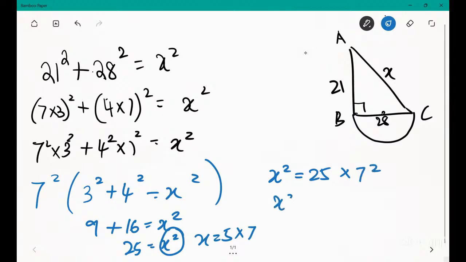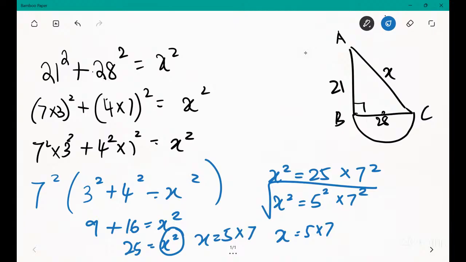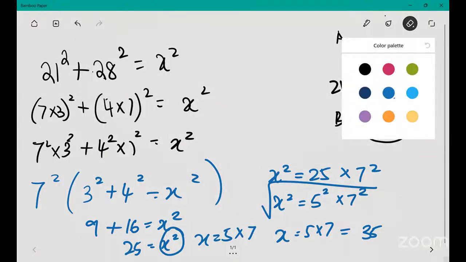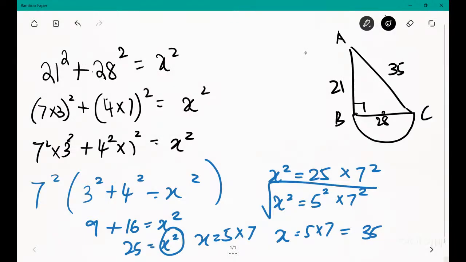So x squared is equal to 5 squared into 7 squared. Square root the entire thing. So x is equal to 5 into 7, which is 35. So you can erase the x and write it as 35. That's going to be your answer.